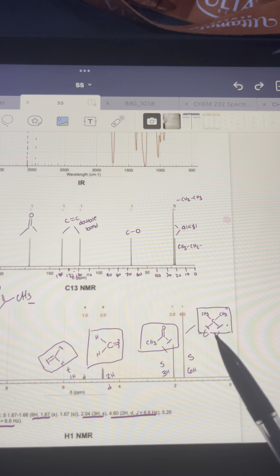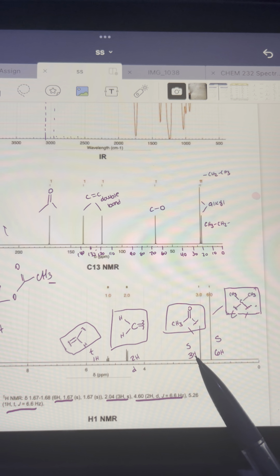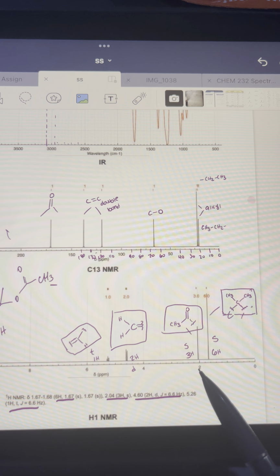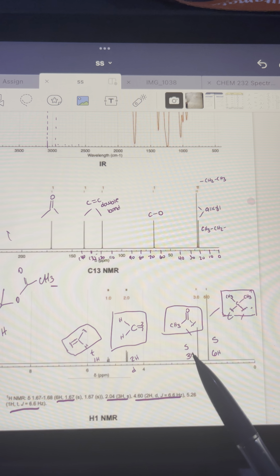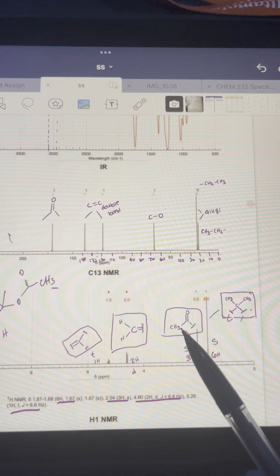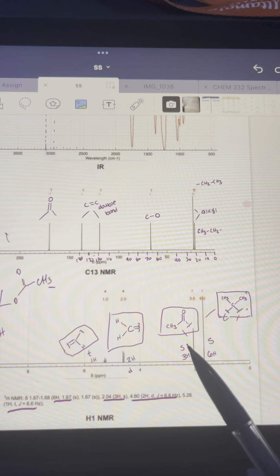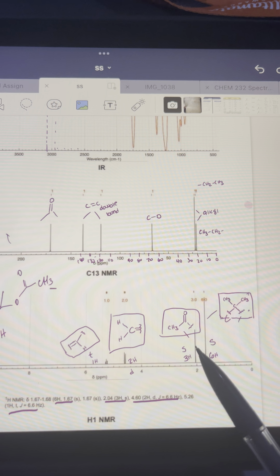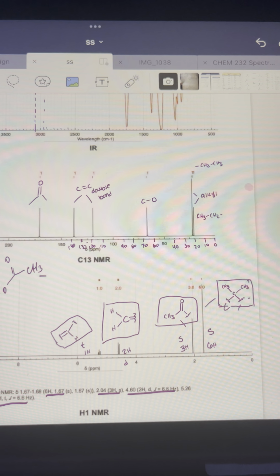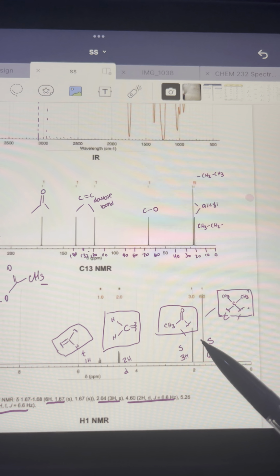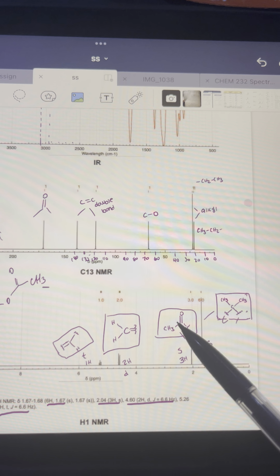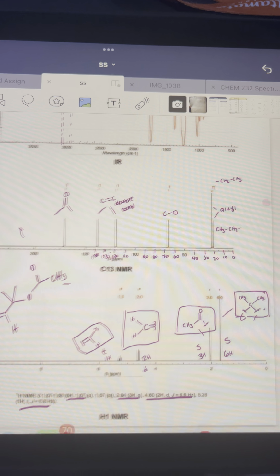So it's attached to 2 other groups, the central carbon. Over here, we see we have a peak at around 2 ppm, and it's 3H, meaning that it is a methyl group, and it's a singlet, so it has no neighboring hydrogens, and we know that it has a slight chemical shift, which is representative of it being attached to a carbonyl group.